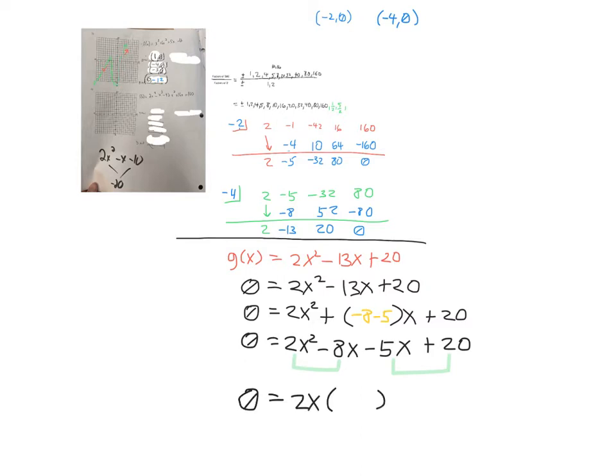Focusing on the first two terms only, we could factor out a 2x from these, and then you would have x minus 4. And then you go to these two and ask yourself, what is the GCF of these two? The GCF of these two is negative 5. So you're going to factor out a negative 5, and that's going to give you an x minus 4.